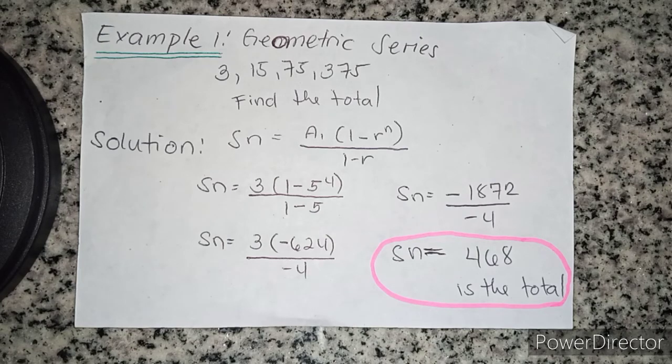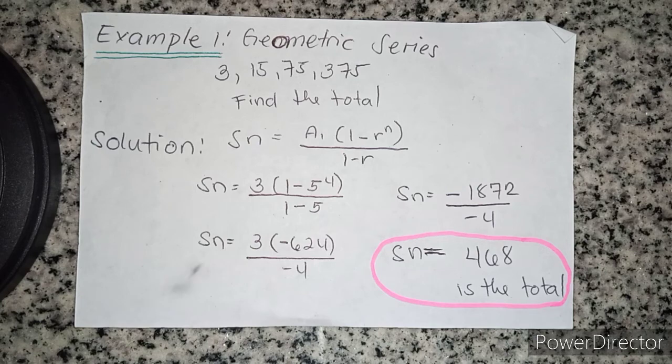Now, let's solve for this. 5 raised to the 4th power is 625. So 1 minus 625 is equal to negative 624.